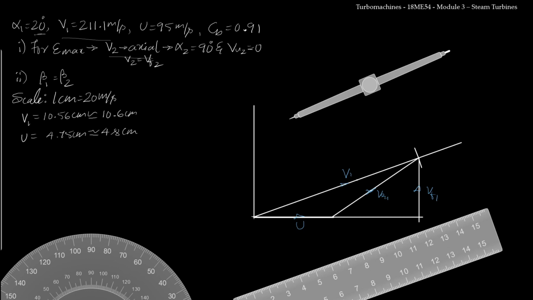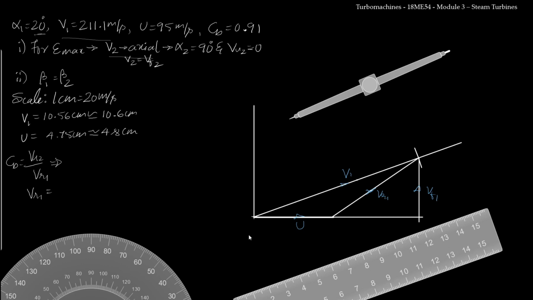Again, I will not worry about the distance or length of this line. Now I know that CB is given as 0.9, which means to say that CB is VR2 divided by VR1, which implies that now I need the length of VR2. For that, first I need to measure the length of VR1. So let us measure the length of VR1.